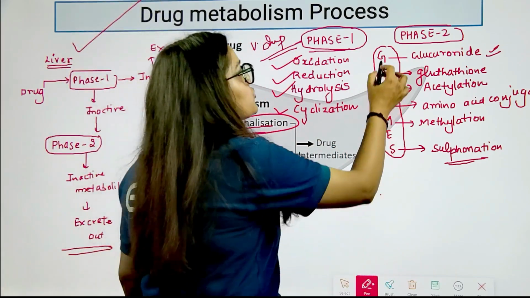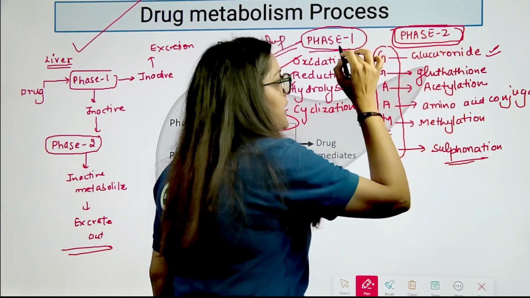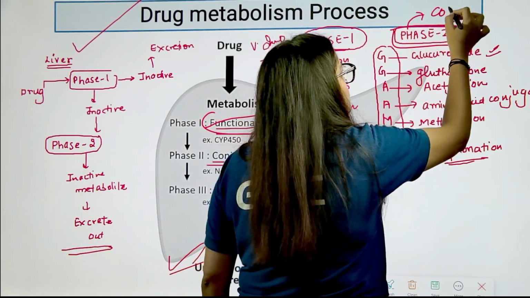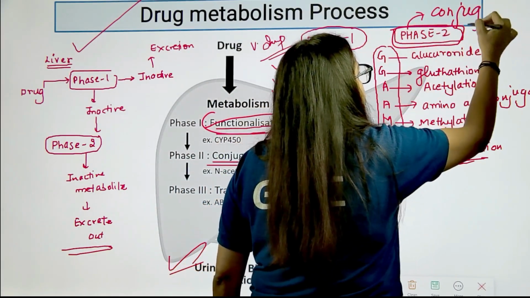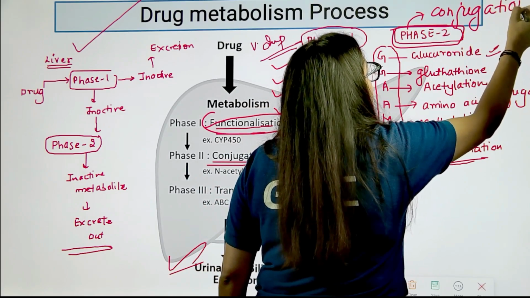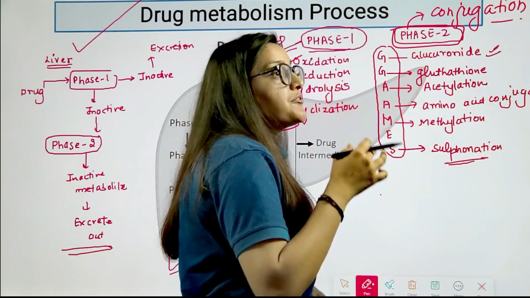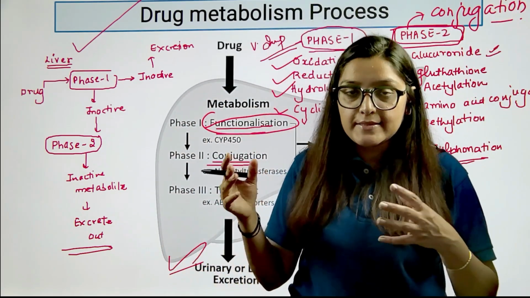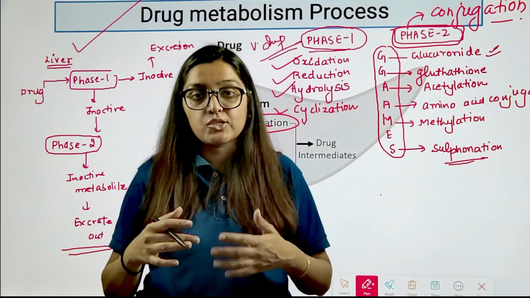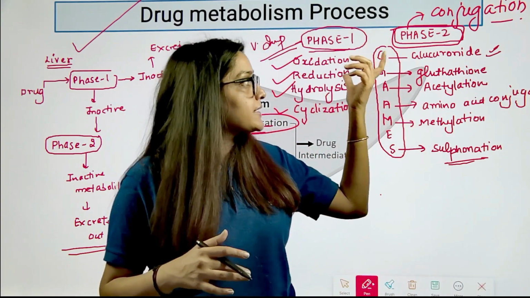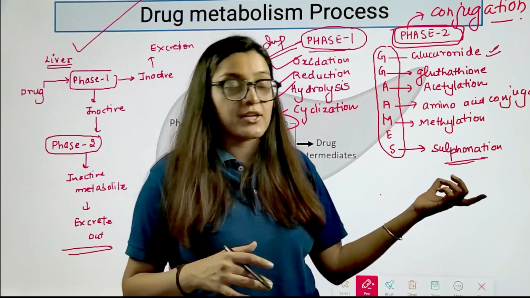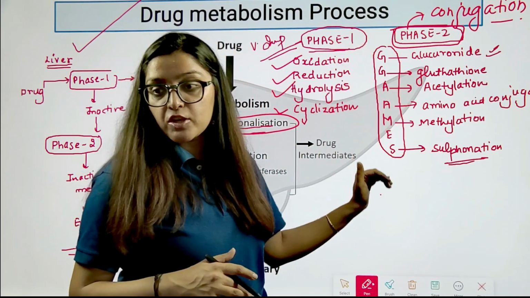Then you have the phase 2 reaction. In the phase 2 reaction, we call it the conjugation reaction, right? In this conjugation reaction, several non-microsomal enzymes majorly come into action and help metabolize the drugs by phase 2 reaction. Generally, we have a trick for this also.